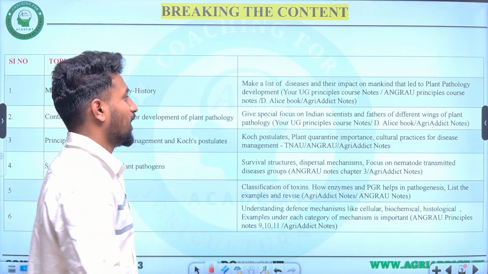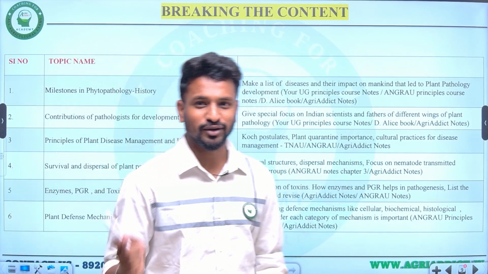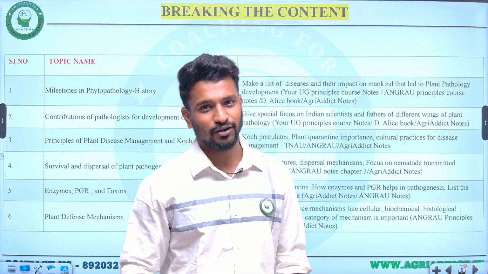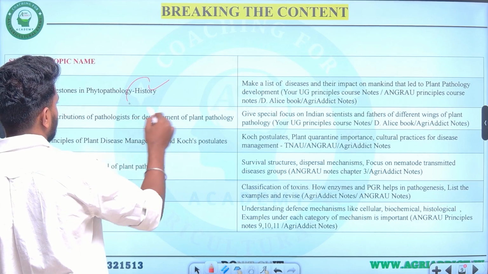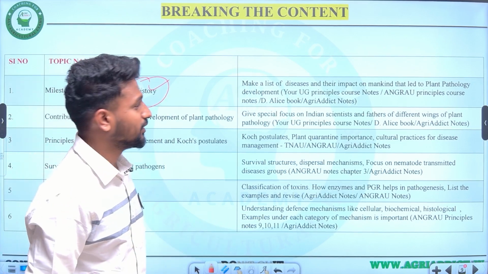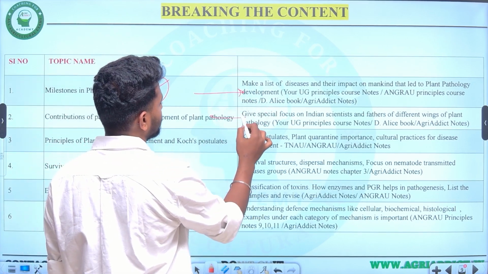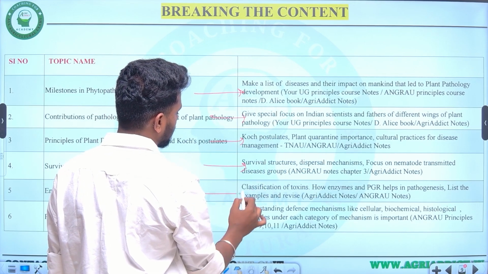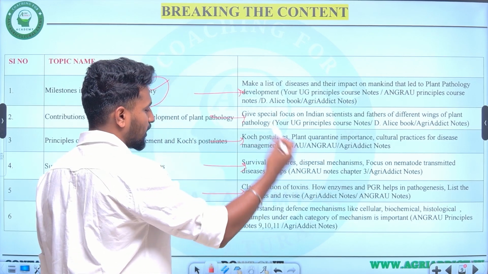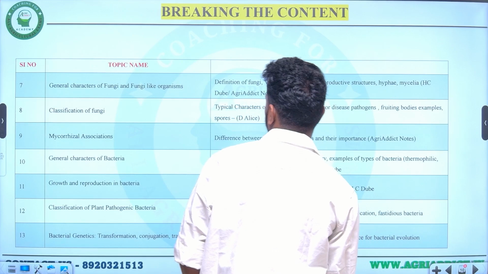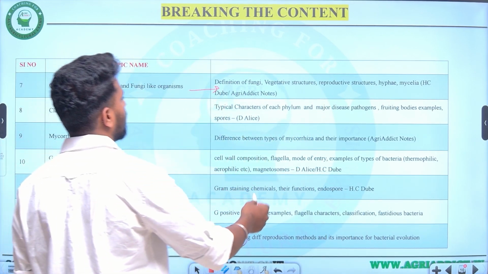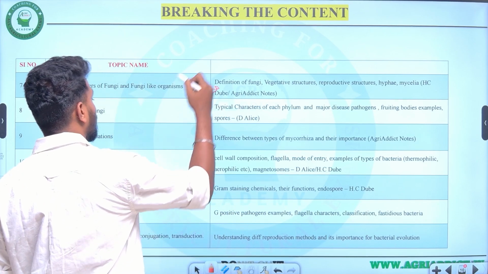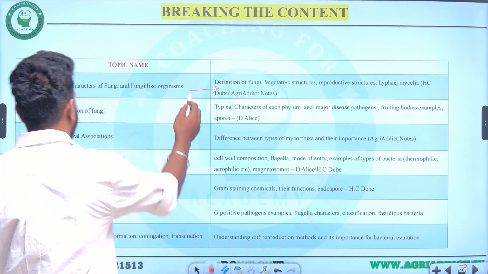Okay, so this is about the plant pathology subjects. But still, apart from whatever I have said, if you are not convinced and you want details of each and every topic, starting with the milestones in plant pathology, the history part, till the end, then for each of them we have mentioned what the most important things and the mandatory things are, right? For each of these you have details like which book you can read, what resources are available, and what you have to read from these topics.